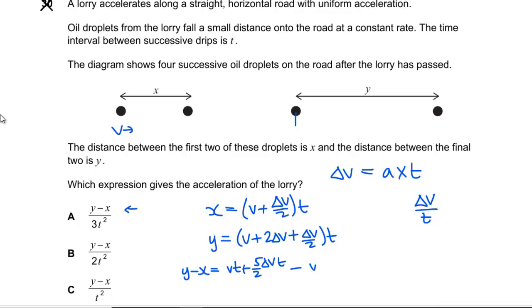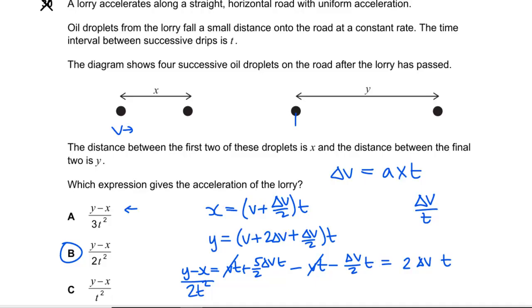And then I need to take off a vt and then take off a half of the delta v times t. So what's that giving me all in all? They're cancelling. So I'm going to have 2 delta v times t. So to get delta v over t, I'm going to have to divide by 2t squared, which is b.